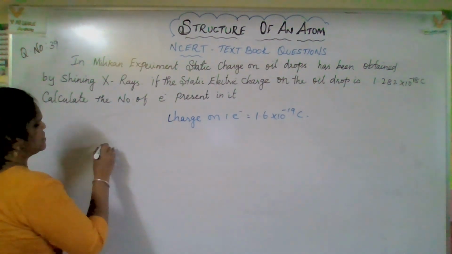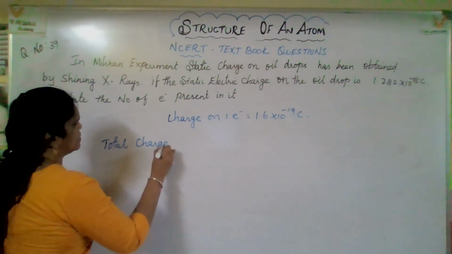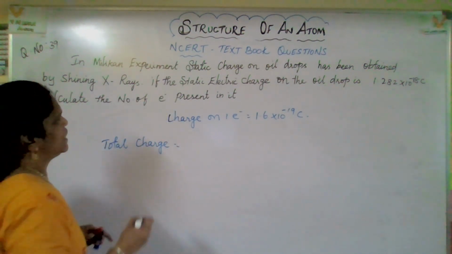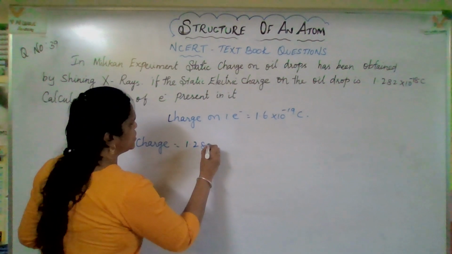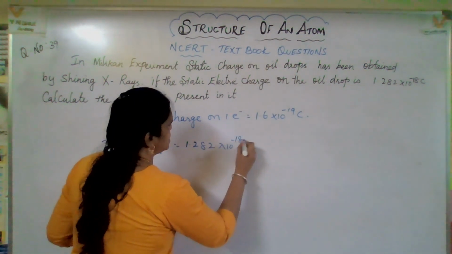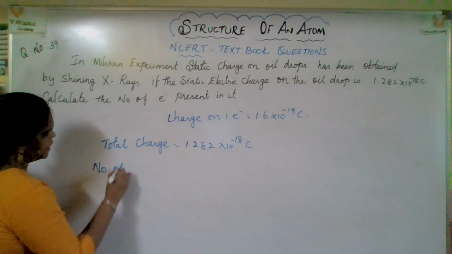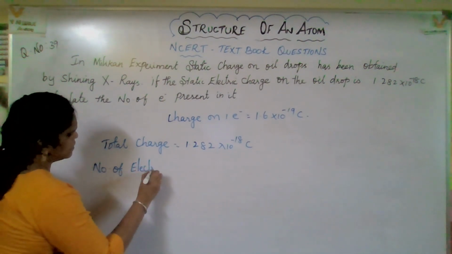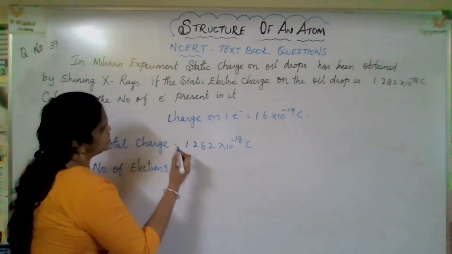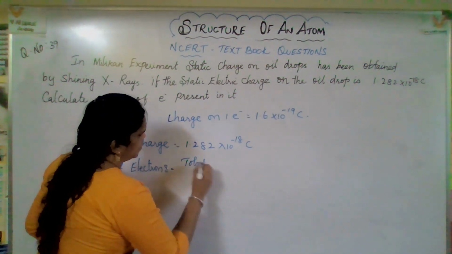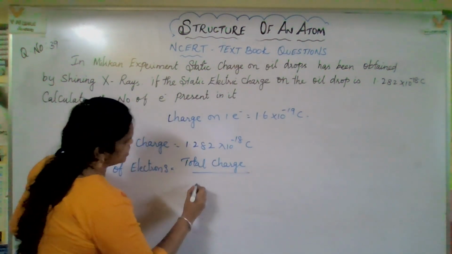So the total charge. Here static electric charge on that oil drop is 1.282 into 10 to the power of minus 18 coulomb. So the number of electrons equals the magnitude of the total charge divided by charge on one electron.